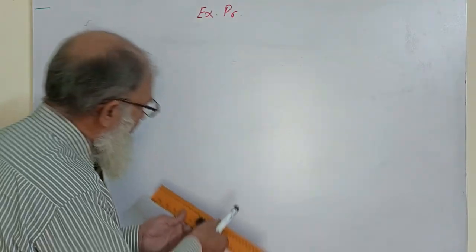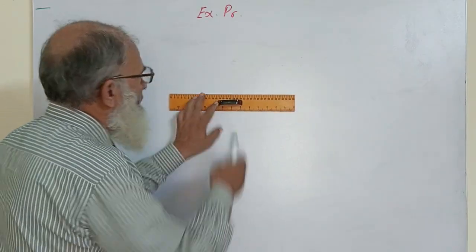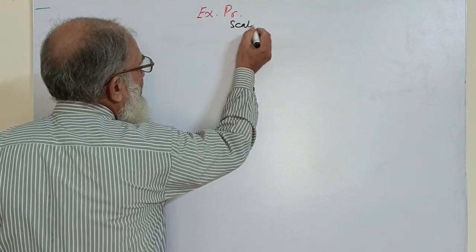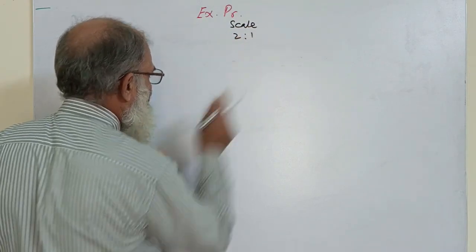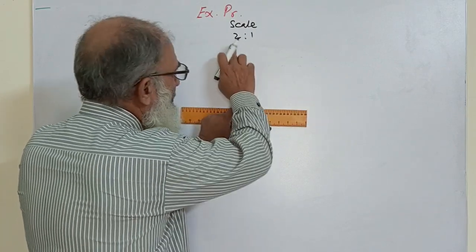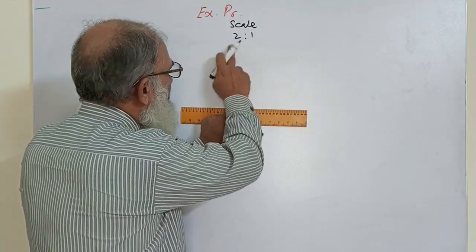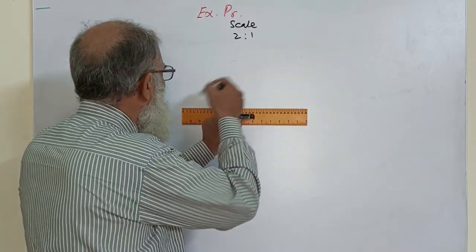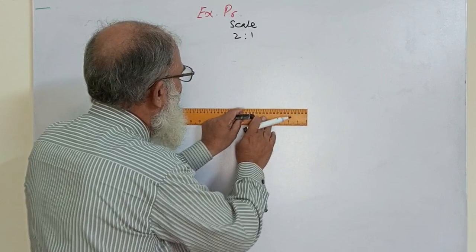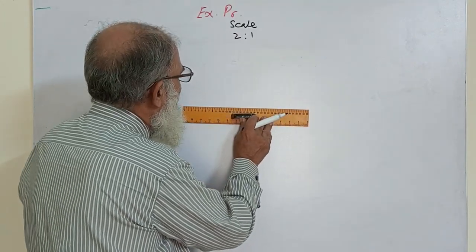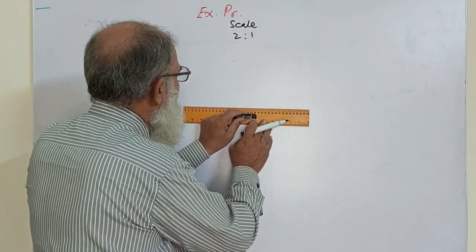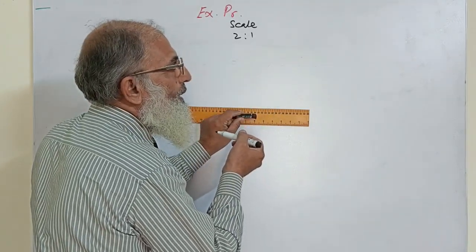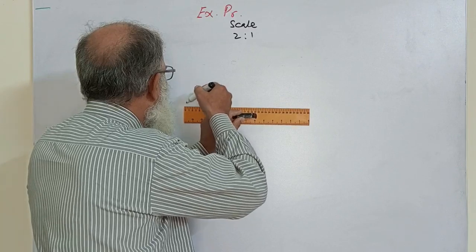So we have to draw that. My scale will be double now. I always write the scale, 2:1. Yes, you can do it 1:1, 3:1, whatsoever you want, depending on how much the page allows you. Now my whiteboard allows me to even go further. 6.5 centimeters.